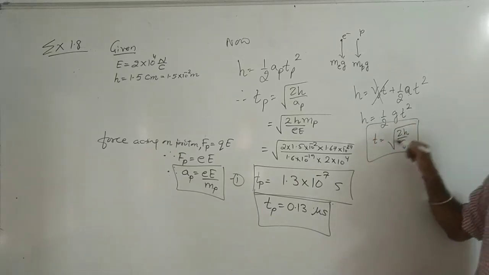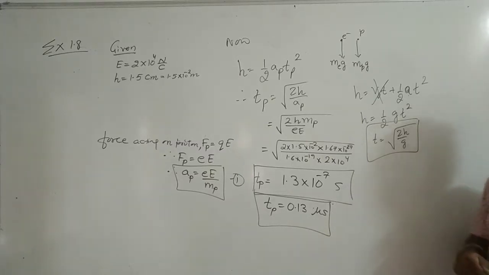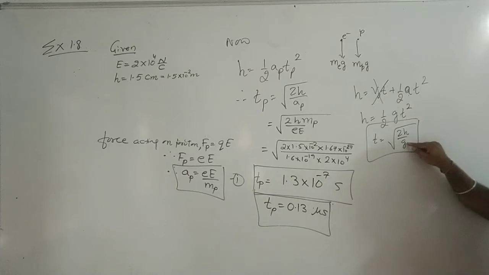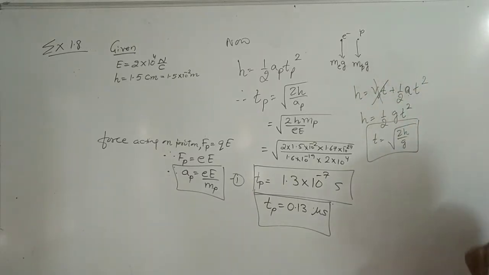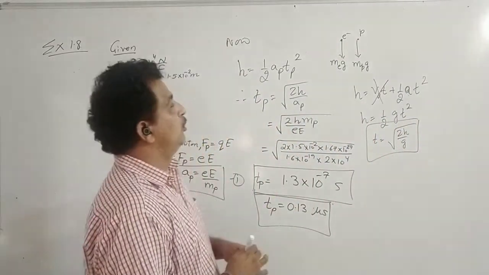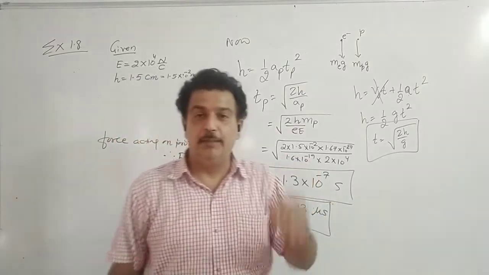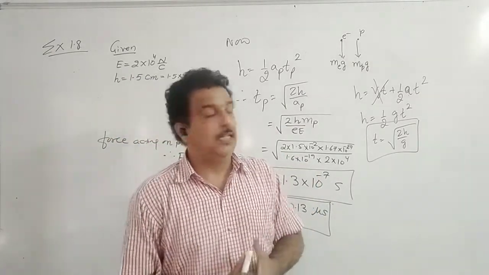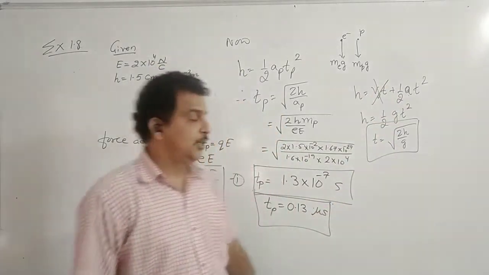Now, whether it is an electron or proton, it does not depend on the mass, it depends on height and g. And g for electron as well as proton is the same. So both electron and proton will fall through the same height and they will reach the bottom at the same time, because in the presence of gravity the mass does not play any role.